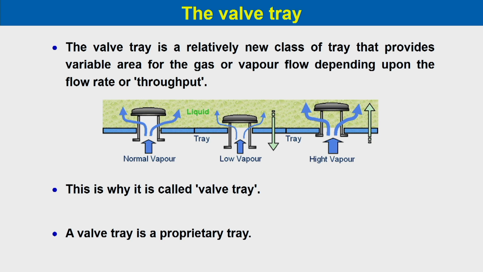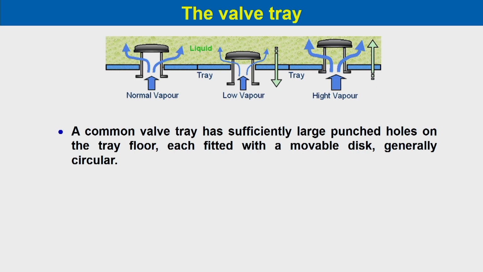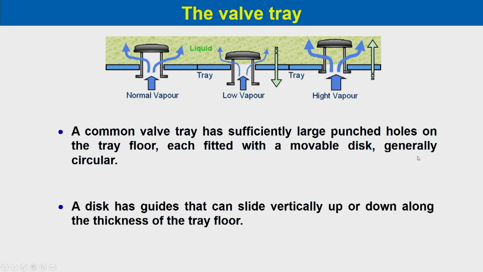A valve tray is a proprietary tray, and a common valve tray has sufficiently large punched holes on the tray floor, each fitted with a movable disc, generally a circular disc. A disc has guides that can slide vertically up or down along the thickness of the tray floor.